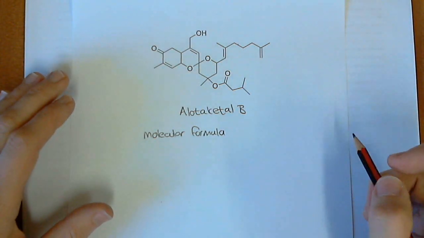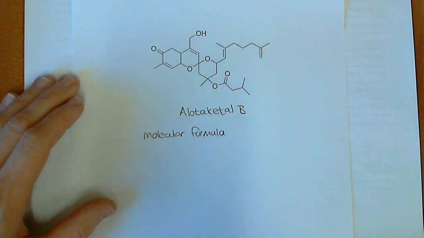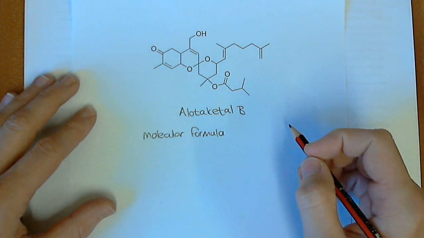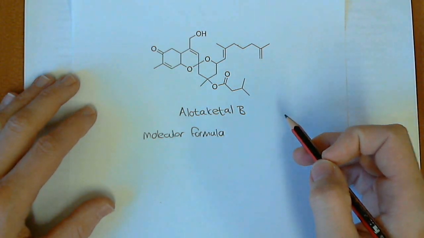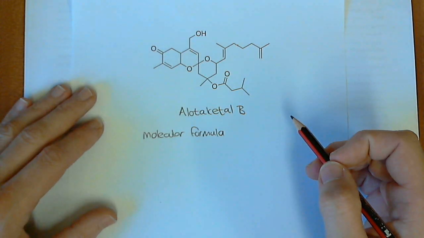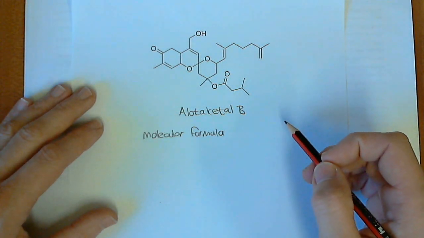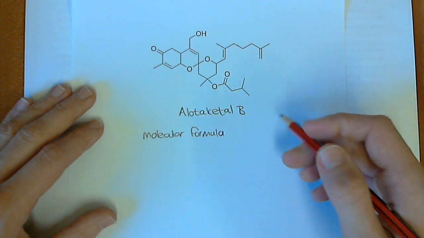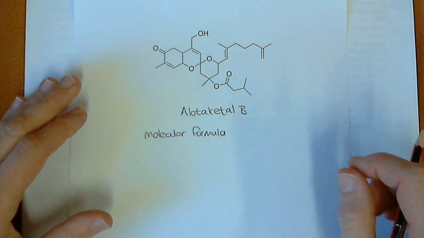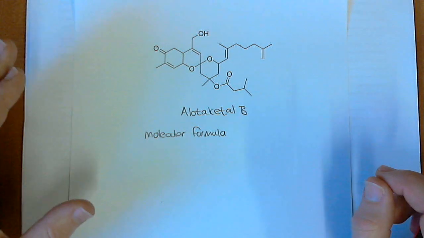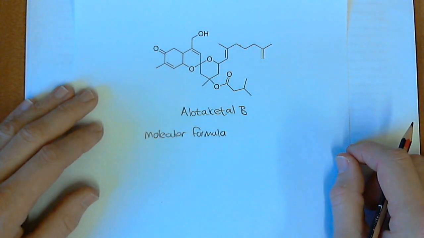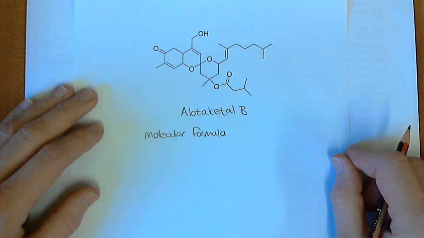So what I'm going to do is ask you to just work out the molecular formula from the structure, and then also look at the structure and circle and identify as many functional groups as you can pick up from what we've learned, and tell me what they are. And then once you've done that, start the video again, and let's see if you got these things correct.